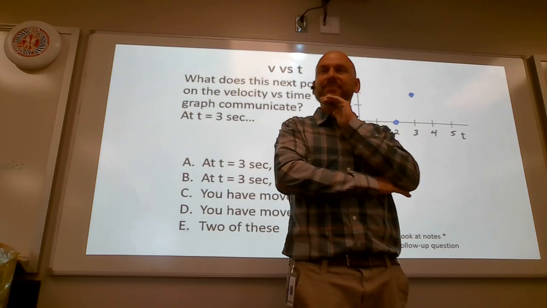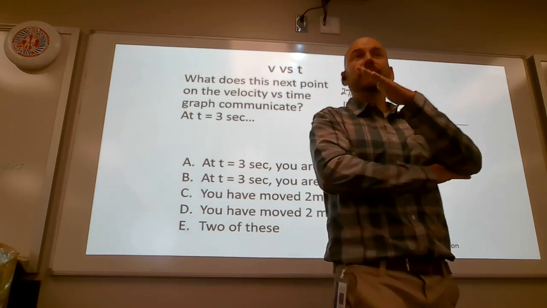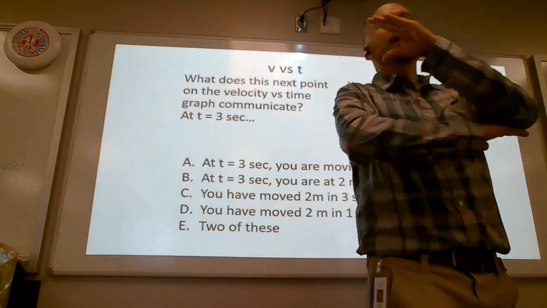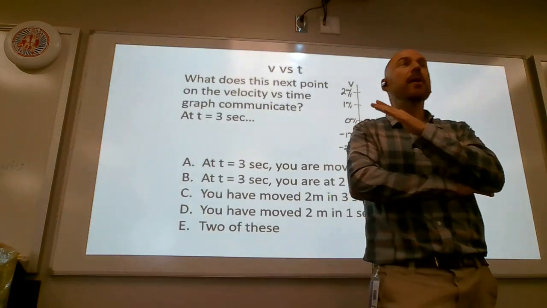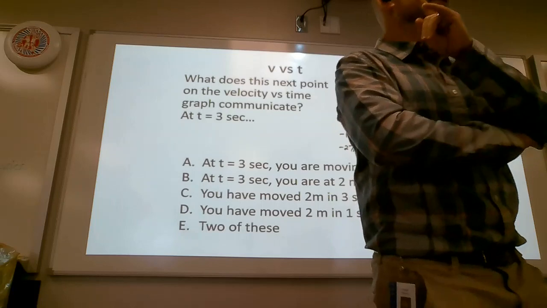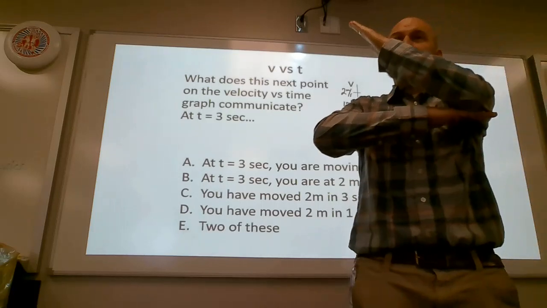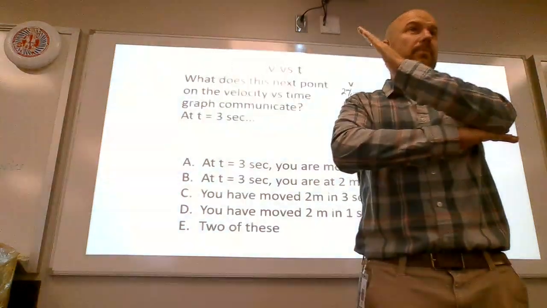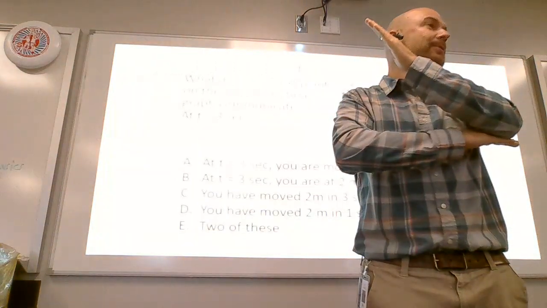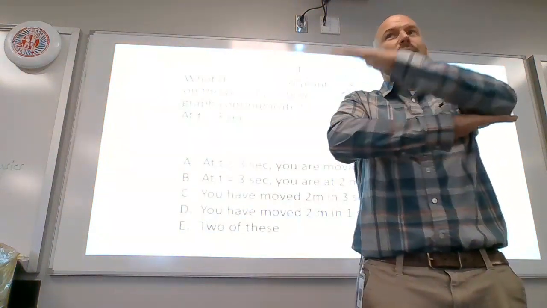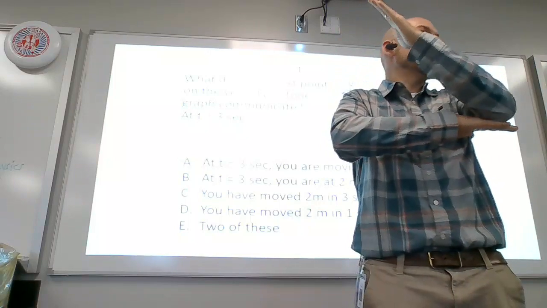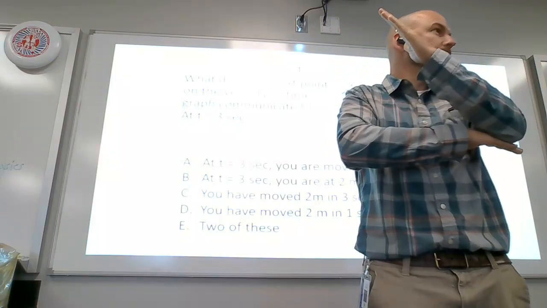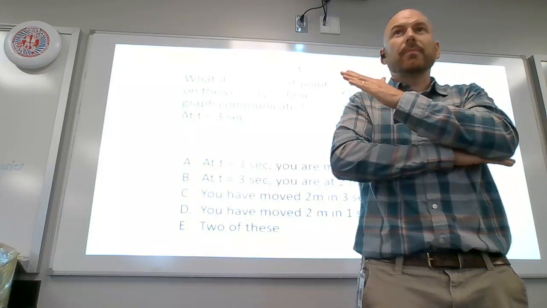No. But your rate is 50 miles an hour at that moment in time. You would travel 50 miles if you maintained that 50 miles an hour rate for an entire hour. Then you would have traveled 50 miles. But this just means your rate is going 50 miles an hour at that moment in time. That's just how fast you're going.